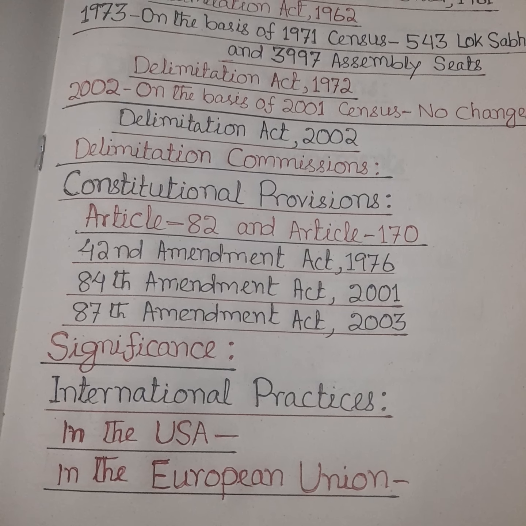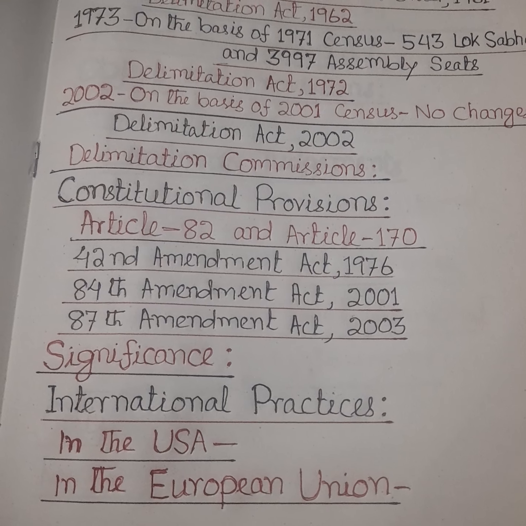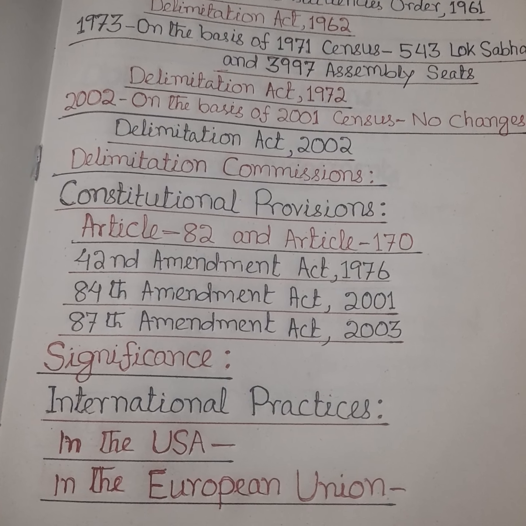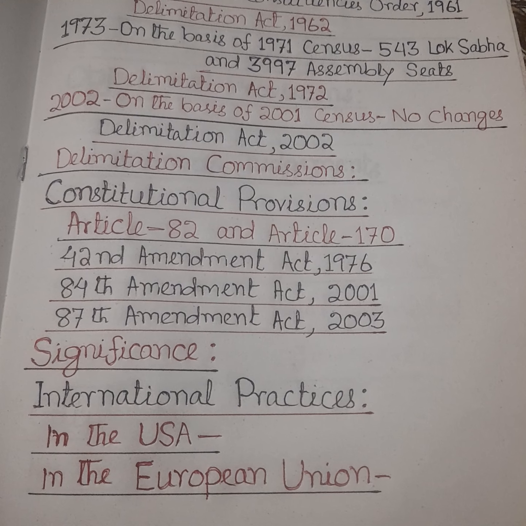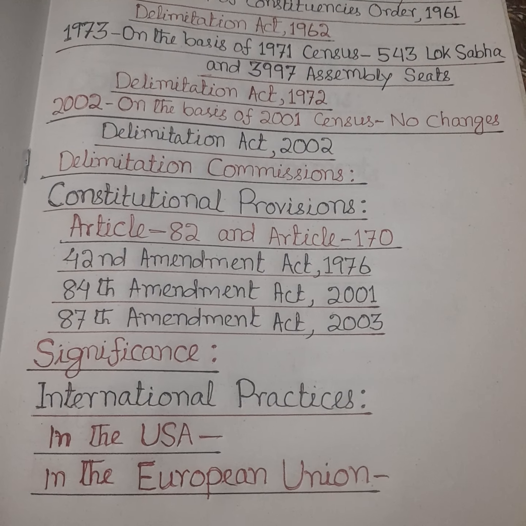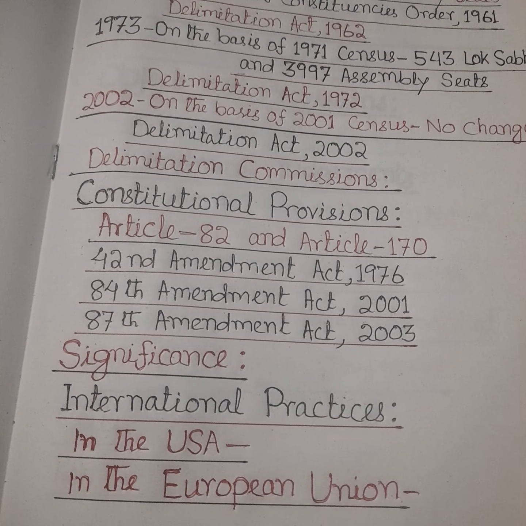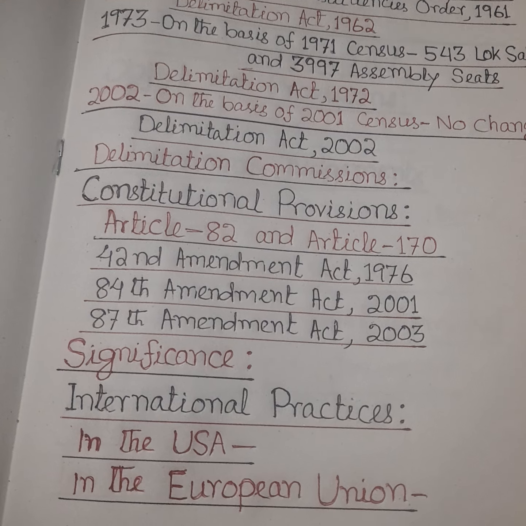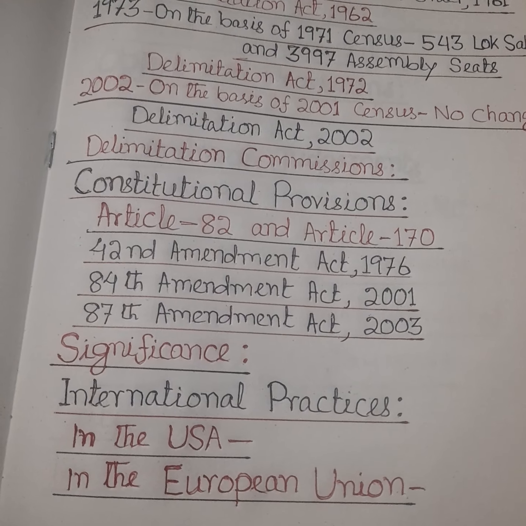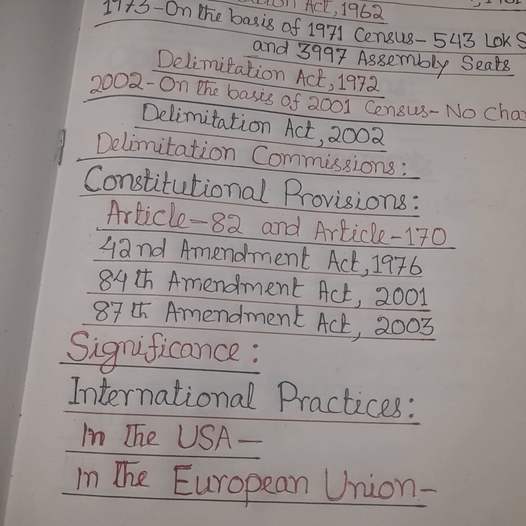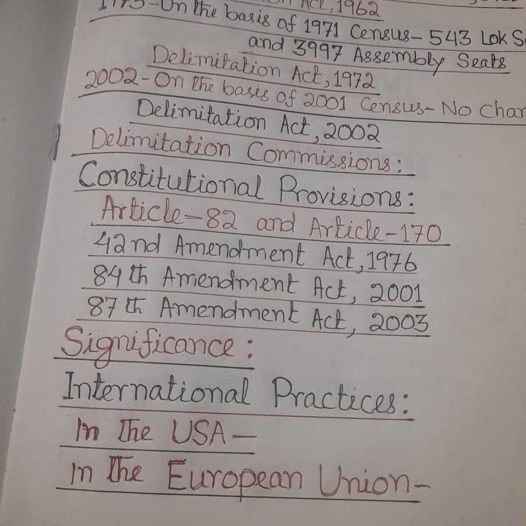So now we would like to discuss certain important procedures and manners followed in the international sphere in regard to delimitation, in particular the international practices followed in the United States of America, where the number of seats in the House of Representatives has been kept at 435 since the year 1913.